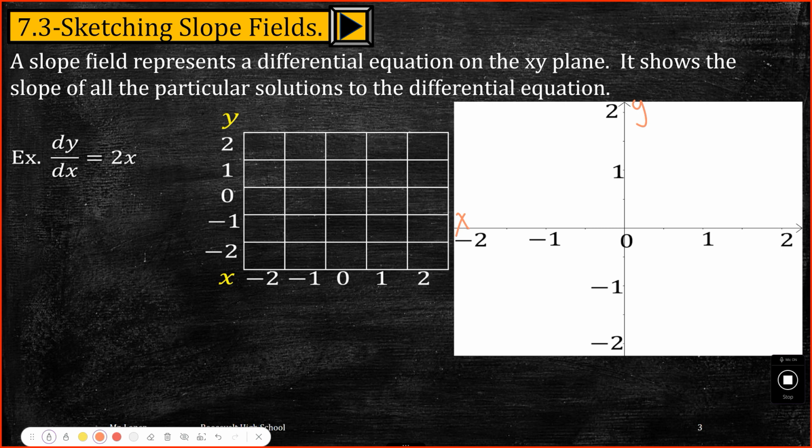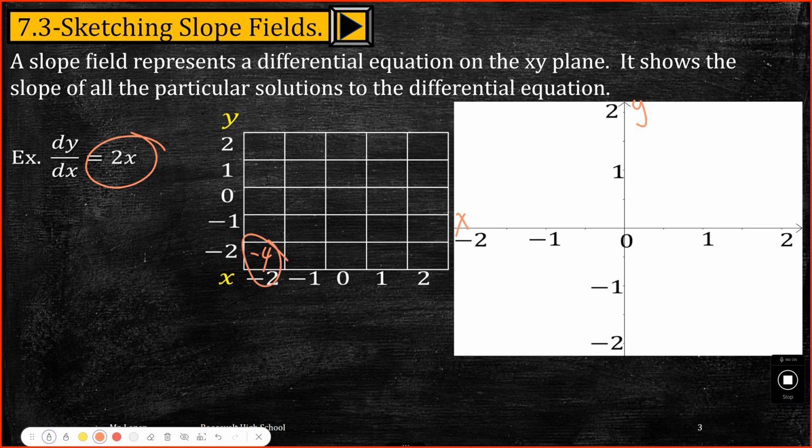Watch. So if I plug in x is -2, well, it's dependent only on x. There's no y to plug in here, so it doesn't even matter about the y. So if I plug in x is -2, what's 2 times -2? -4. So at x is -2, y is -2, the slope is what?